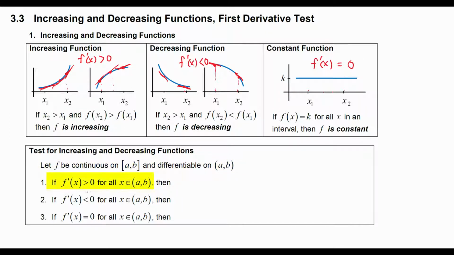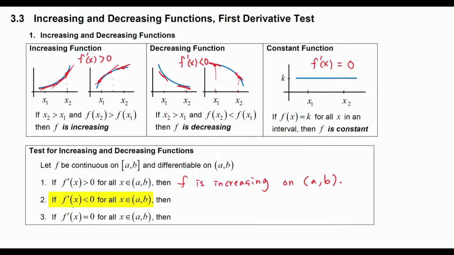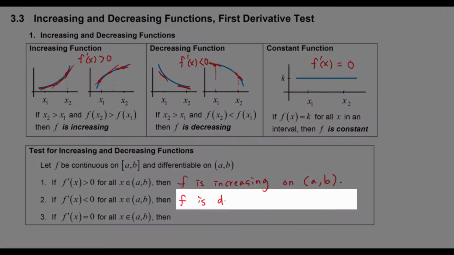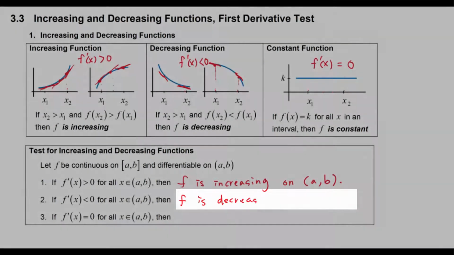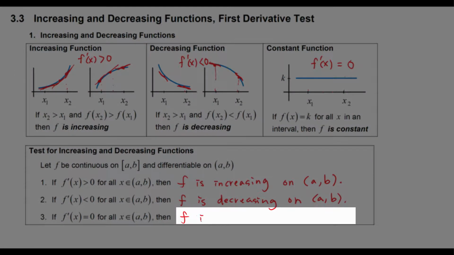If f prime of x is greater than 0 for all x in this interval, then f is increasing in that interval. And if f prime of x is less than 0 for all x in that interval, then f is decreasing on that interval. And if f prime of x equals 0 for all x in that interval, then you can conclude that f is constant on that interval.